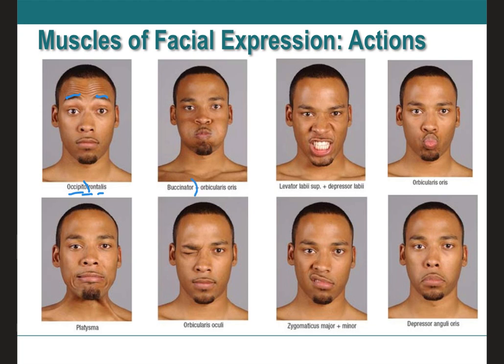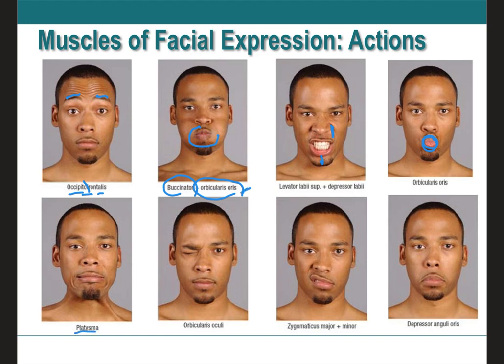The buccinator and the orbicularis oris, they will help with the movement of blowing and also of sucking and closing your lips. The levator labii superioris will elevate your lips, and the depressor, which we don't cover, will bring your lips down. The orbicularis oris will close your mouth, the same thing as we were seeing over here.